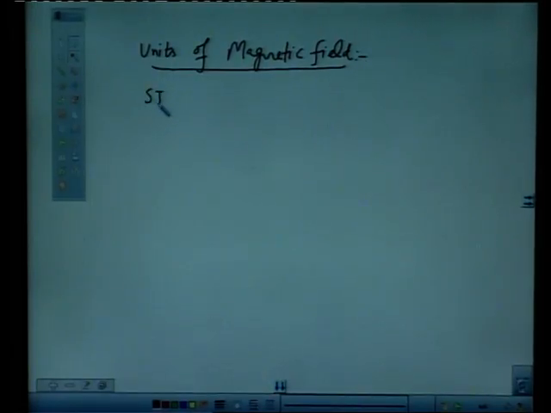First is the SI unit. SI unit is Tesla, and we can define 1 Tesla is equal to 1 Weber per meter square, where Weber is the unit of magnetic flux.